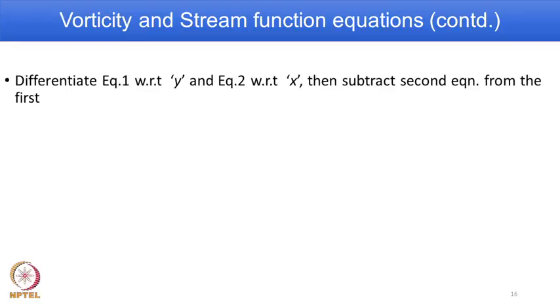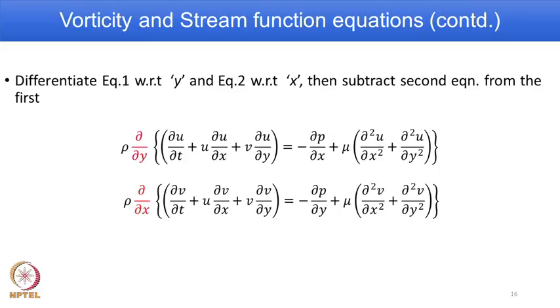Okay. So, differentiate equation 1, which is the x momentum equation, with respect to y. So, all the terms in the x momentum equation are differentiated with respect to y. We follow a similar exercise for equation 2, which is the y momentum equation: differentiate all of them with respect to x, then subtract the second equation from the first equation.